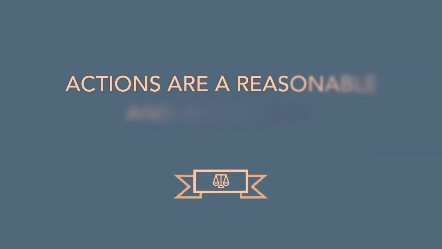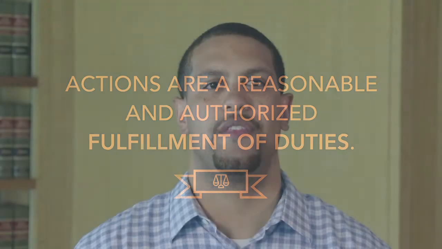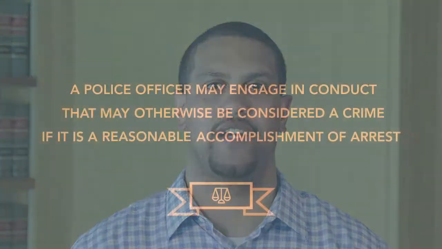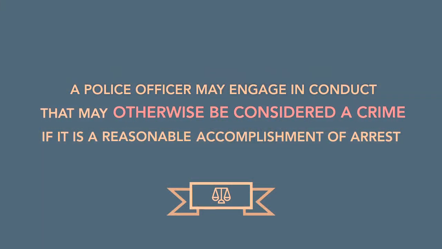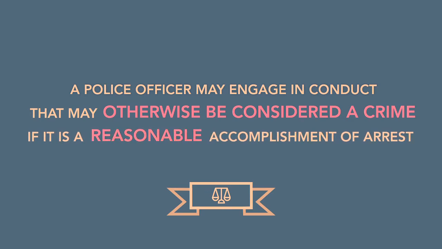The second defense applies to public officials generally. Underneath this defense, a person is not guilty of a crime if their actions are a reasonable and authorized fulfillment of their duties. The third defense applies solely to police officers. Underneath this defense, a police officer may engage in conduct that would otherwise be considered a crime if it is a reasonable accomplishment of their arrest.